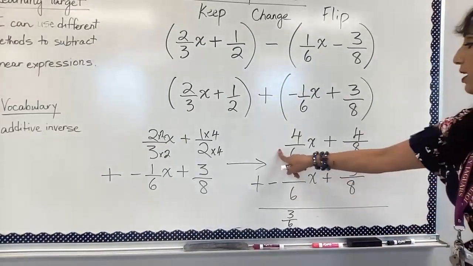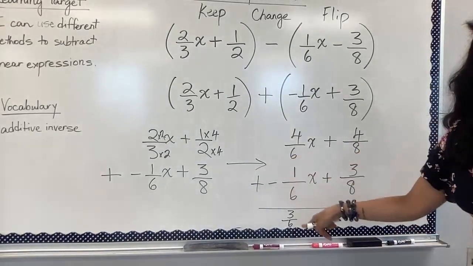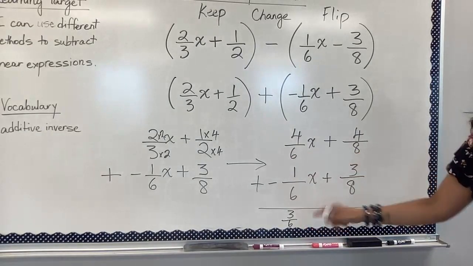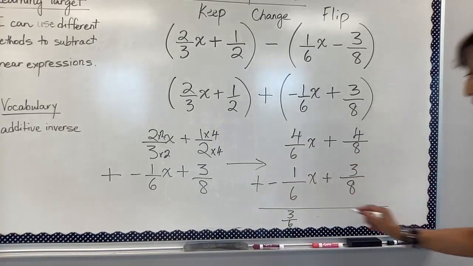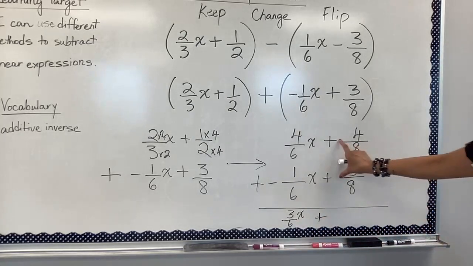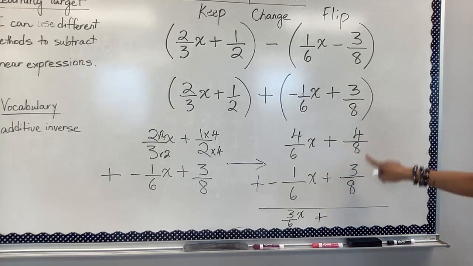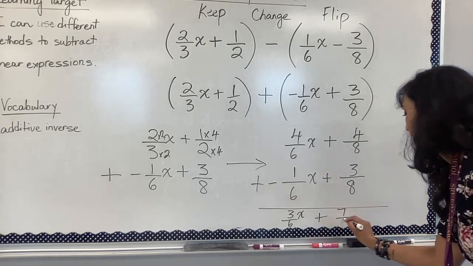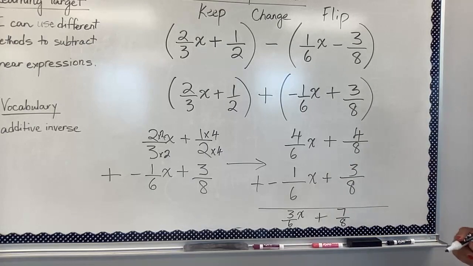Since the sign in front of the bigger number is positive, this stays positive. Then I have 3/6 x plus, and these are both positive, so I add them. What is 4 plus 3? I get 7/8.